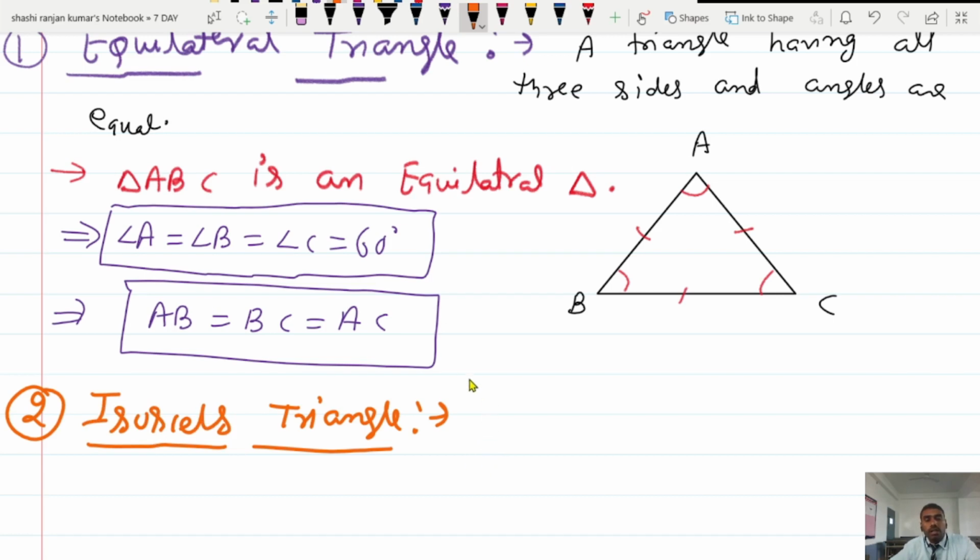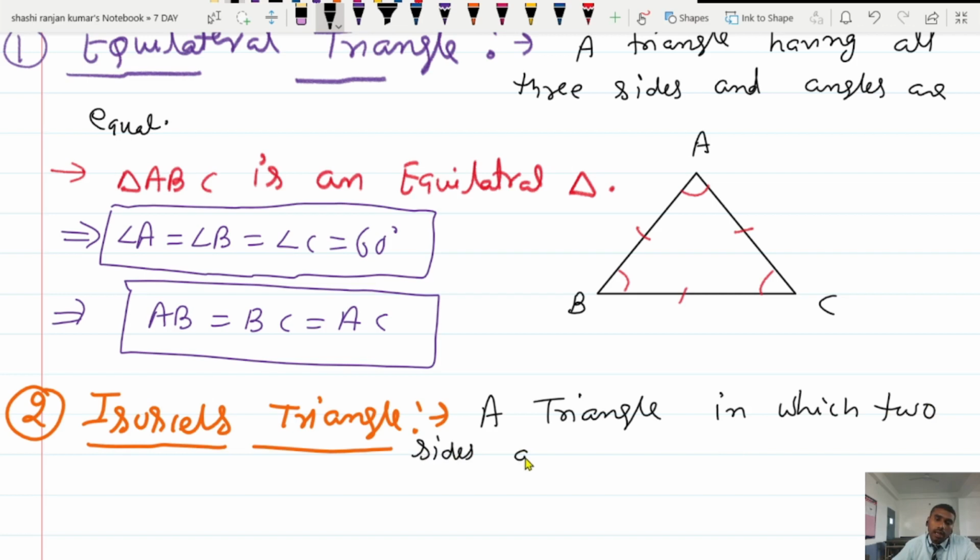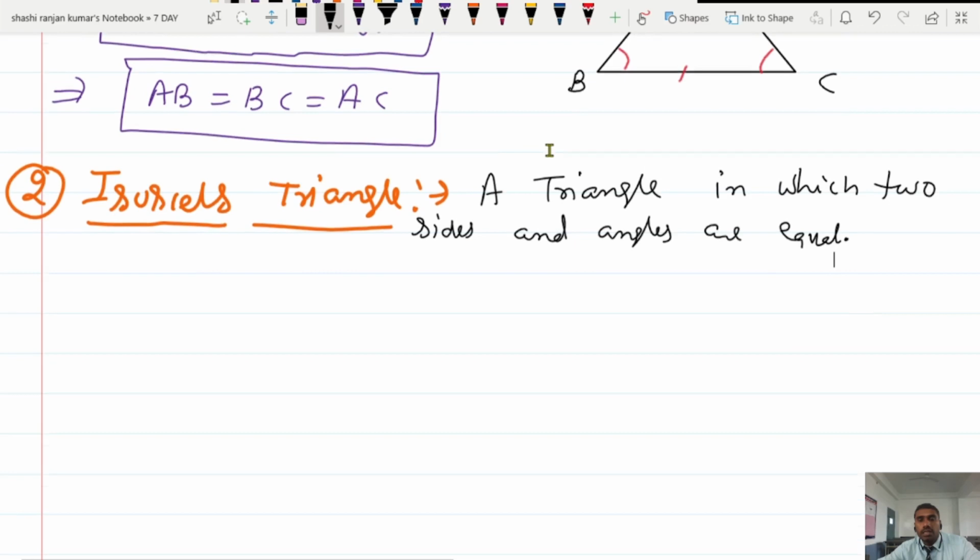What is an isosceles triangle? Can you tell me? A triangle in which two sides and angles are equal is known as the isosceles triangle.